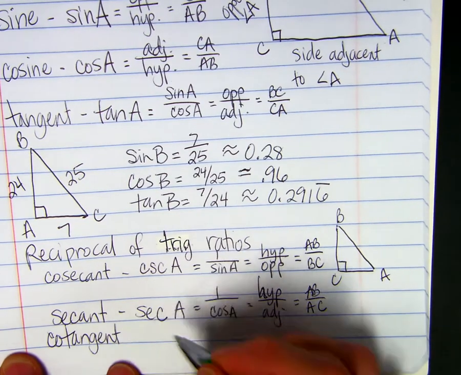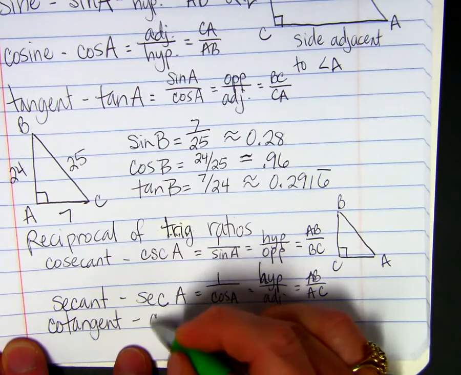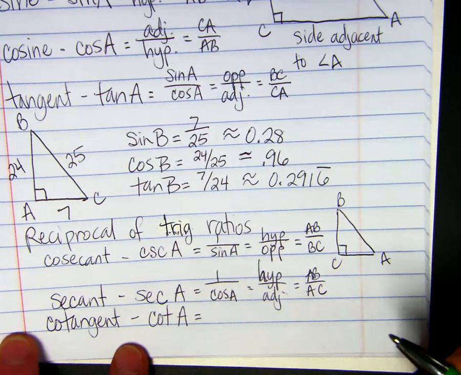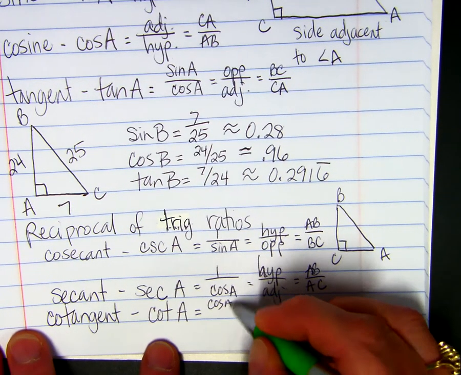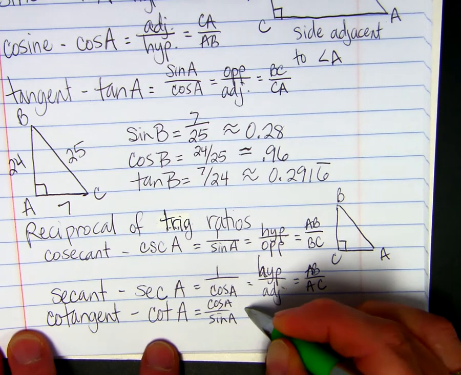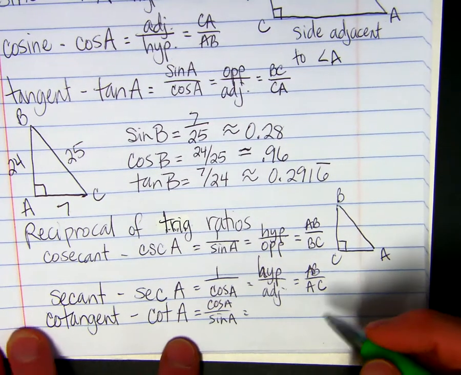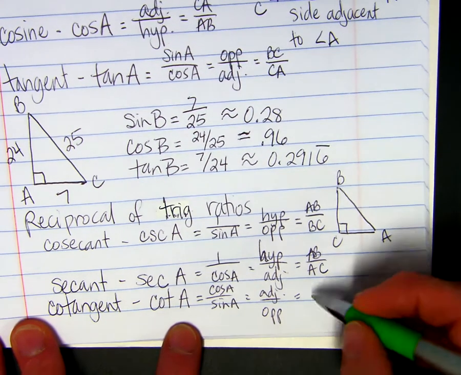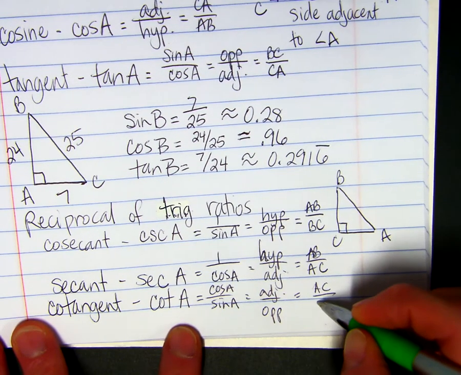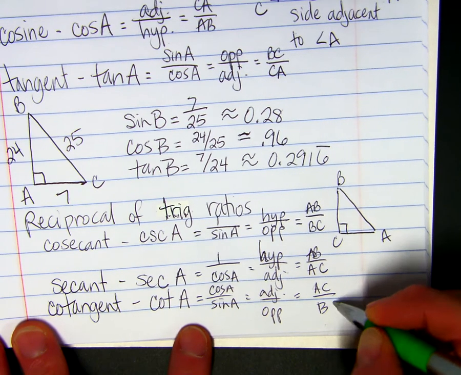If it has the word tangent in it, then it's just the inverse of the tangent. It is basically the cosine over the sine, or adjacent over opposite. In our example, that's AC over BC.